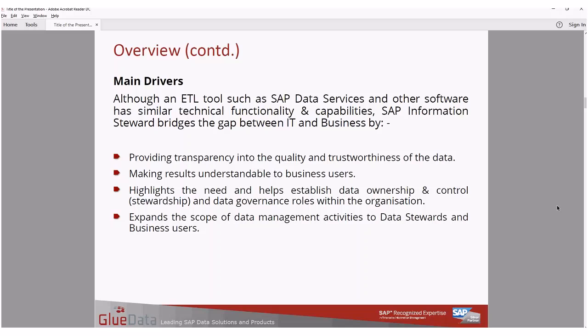Okay. Information Steward then provides transparency into the quality and, very important, the trustworthiness of data. Key business decisions are made on data, on reports. Think about financial data. You've got your financial statements at the end of the period.